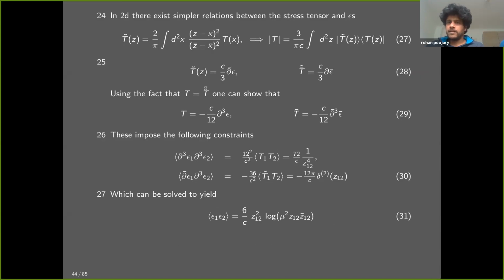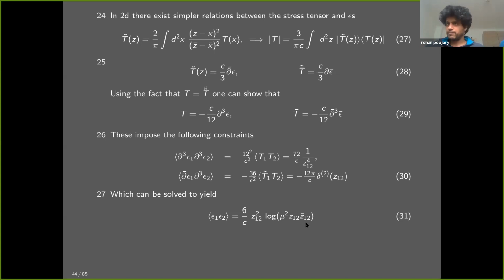So you can basically use these to figure out the 2-point function of epsilons, and it gives you the right answer. So this is a right way of working. You can get differential equations, solve them, and get this answer. Notice that the epsilon 2-point function, although it's the holomorphic part, also has z bar dependence.